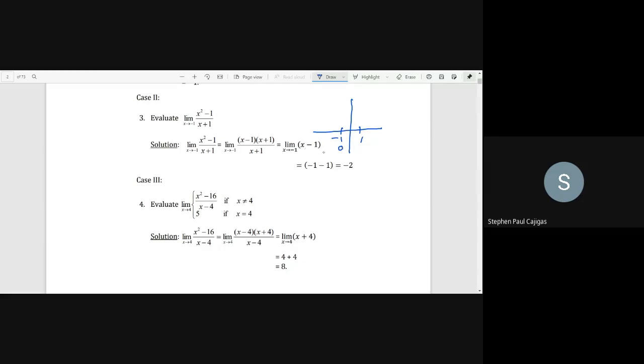This is x minus 1, that is a linear function, so it is a line that looks like this. So basically, at x equal to -1, our function is undefined, but our function is approaching -2. Here is -2 on the y.